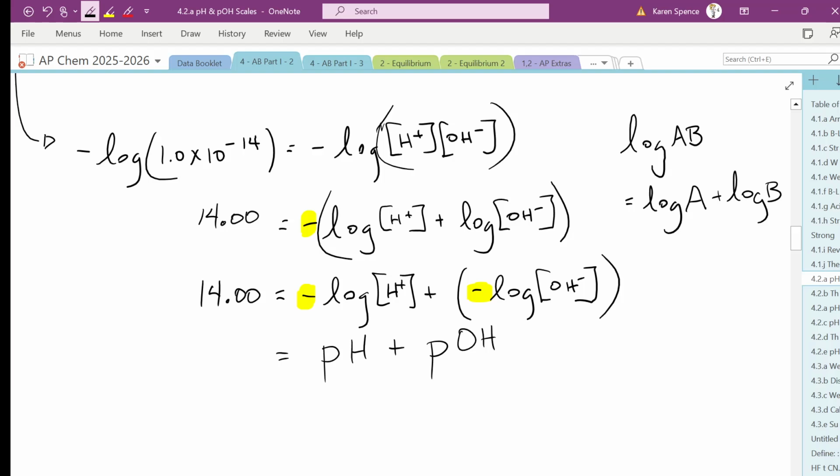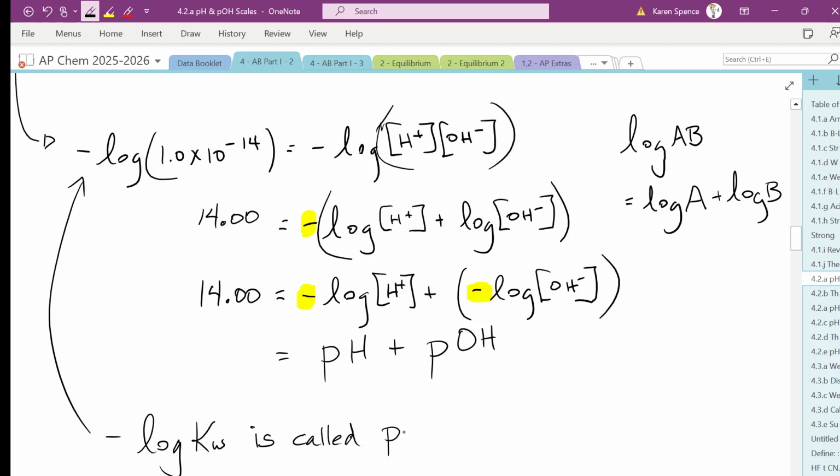Okay, and this thing is the negative log of Kw. Can you imagine what we call that? Yes, pKw. So 14 is the value of pKw at 25 degrees Celsius.